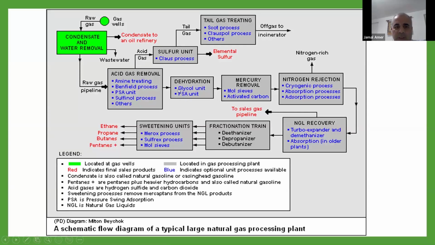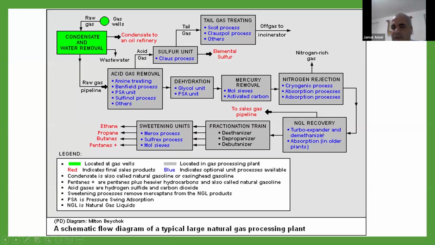We send it to the dehydration system. As we said, with dehydration we have two types: glycol unit or pressure swing adsorption. Then we have mercury removal and nitrogen removal by these methods of treatment.